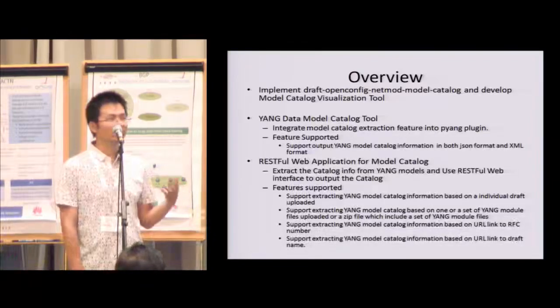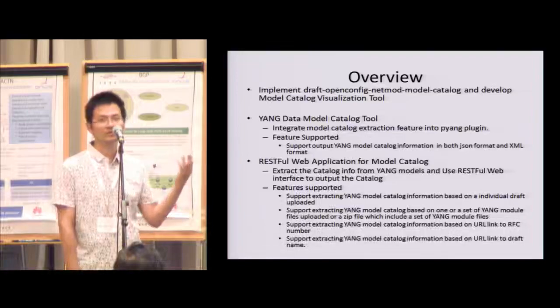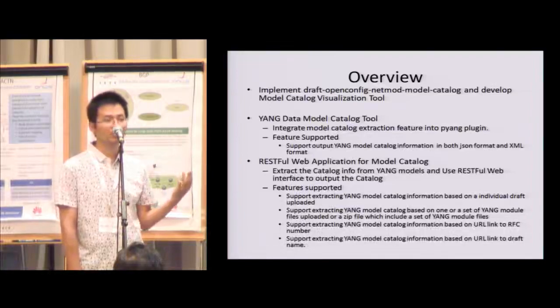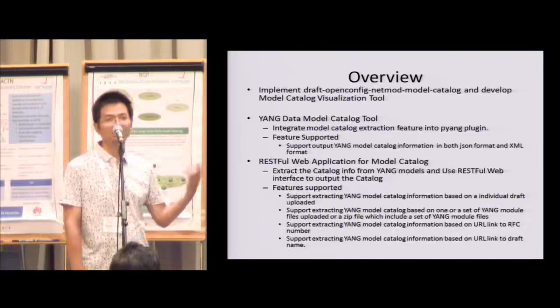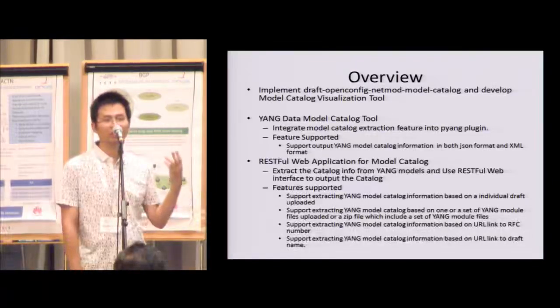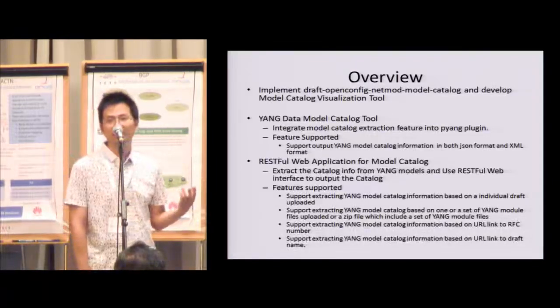And we went a little step further. We want to visualize these results. So we use the Web RESTful API to display the model catalog information in different formats. We can support the JSON format, and we can also support the XML format.